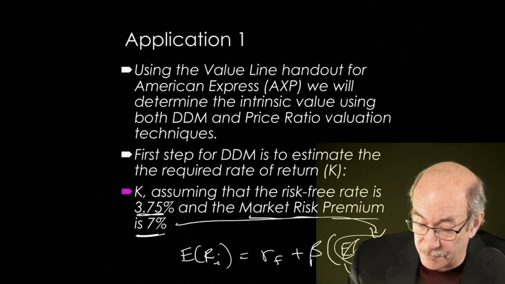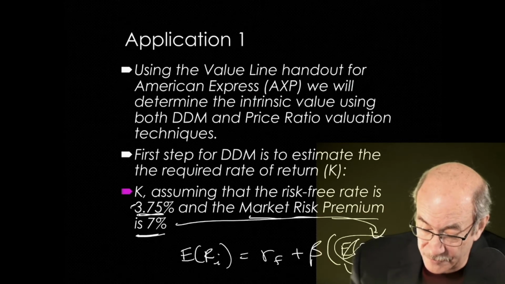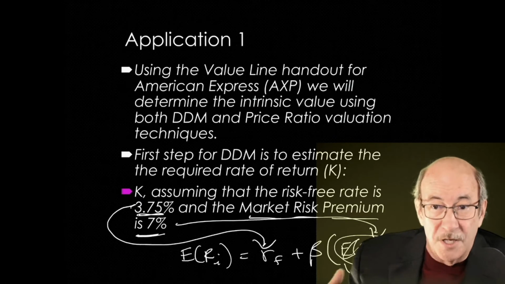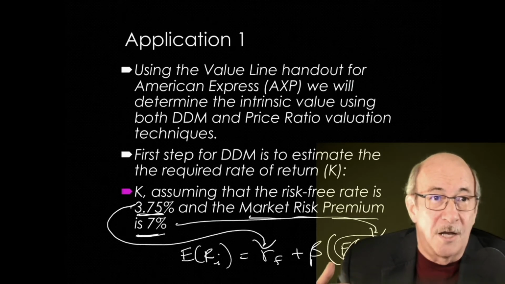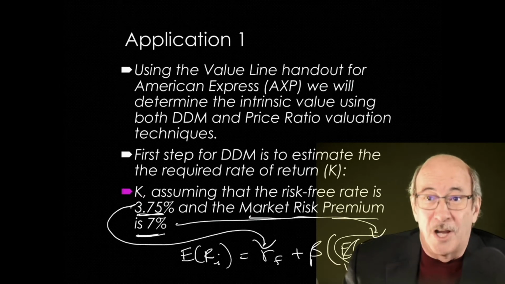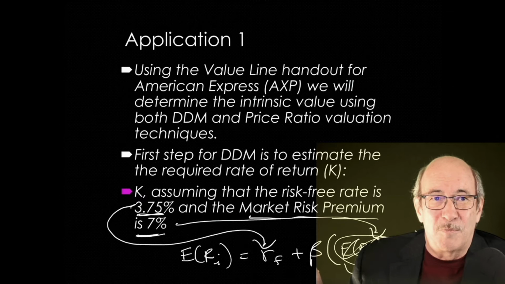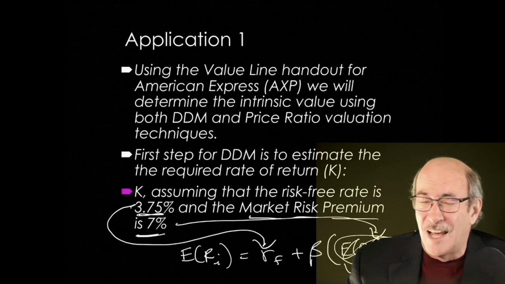Our beta, we look it up on the Value Line page, and then our risk-free rate plugs in here, and we're done. So the short answer to your question is it's simply a given. Now, the longer answer, and this is something you'll get to as we start exploring this security analysis project, is it's not quite that easy.